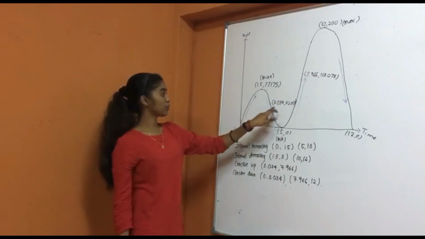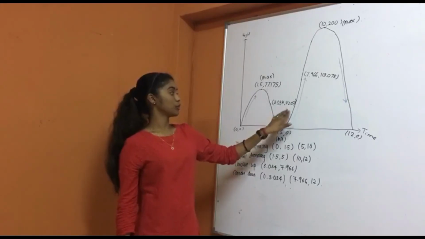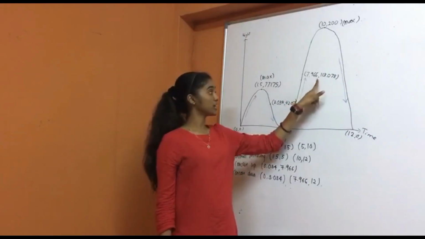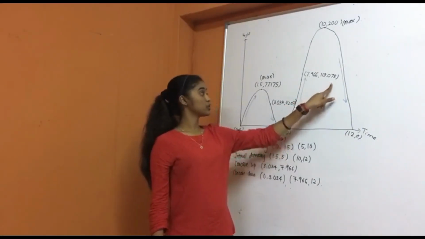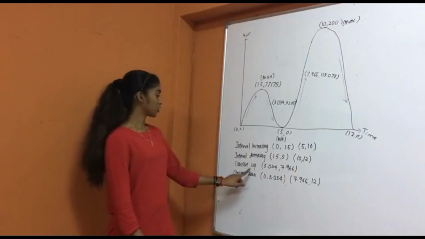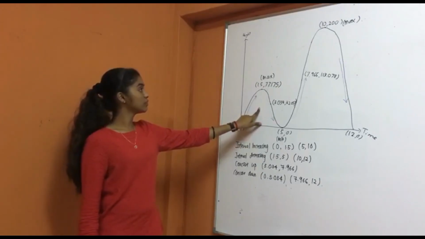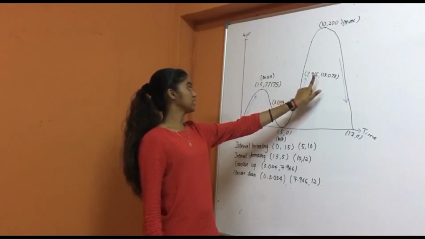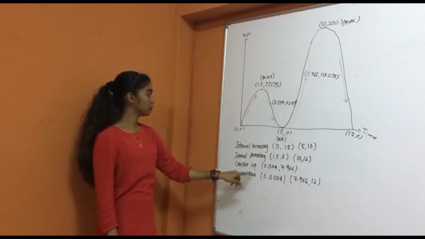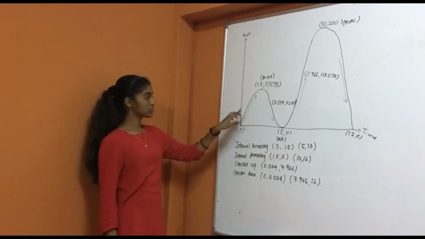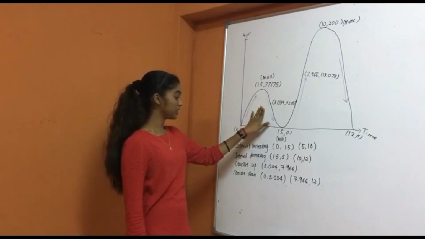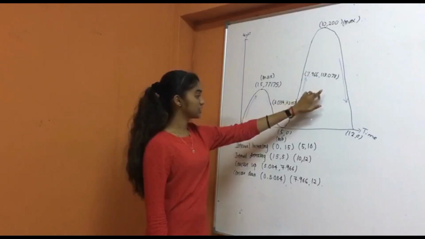Then the inflection points will be (3.034, 42.057) and (7.966, 113.078). The concave up interval will be 3.034 until 7.966. Concave down will be 0 to 3.034 and 7.966 until 12.